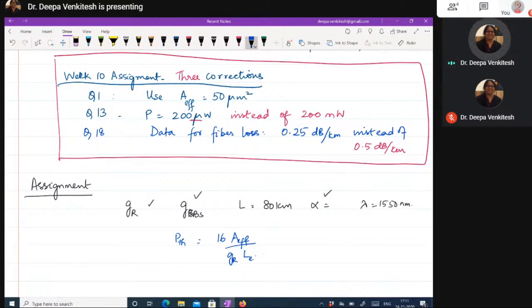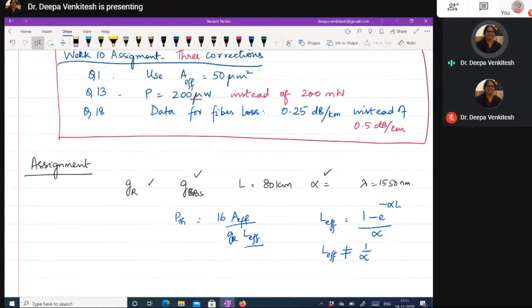The key is you have to find out the effective length, and this L effective is (1 minus e to the power minus alpha L) divided by alpha, and you cannot approximate this as 1 by alpha for all lengths of fiber. This is equal to 1 by alpha only for very long fiber lengths, but when you consider shorter lengths of fiber, you cannot do this approximation. So you have to actually calculate this and find out.